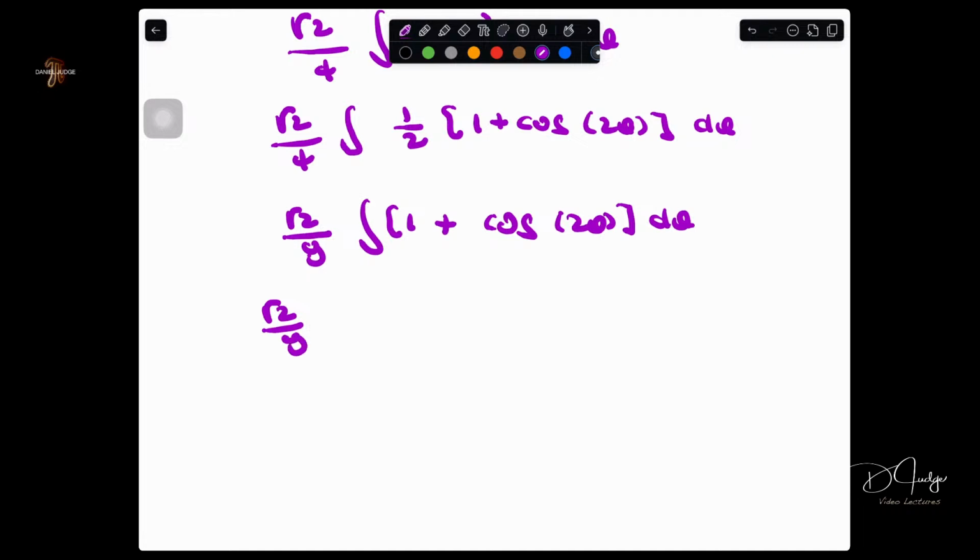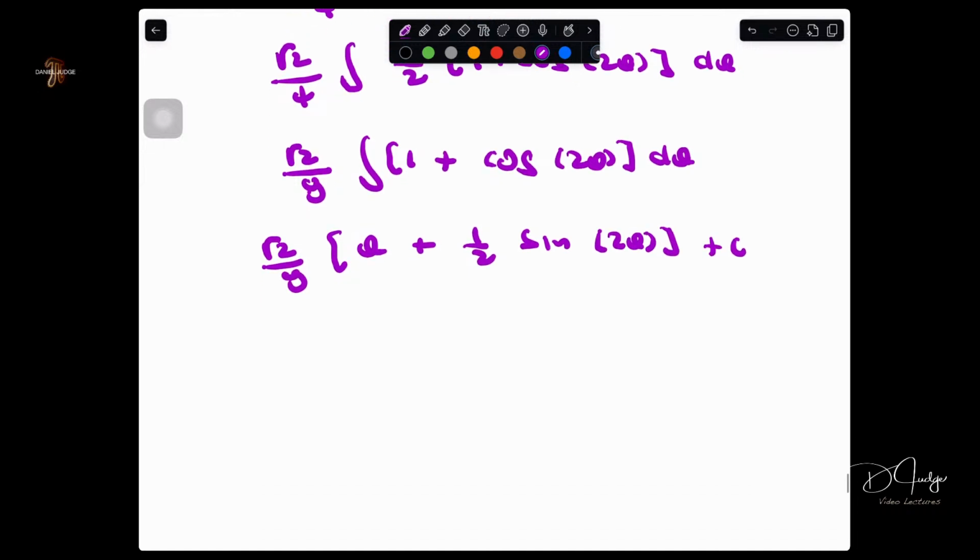That's the square root of 2 over 8 theta plus 1/2 sine 2 theta plus c. Square root of 2 over 8 theta plus the square root of 2 over 16 sine double theta.